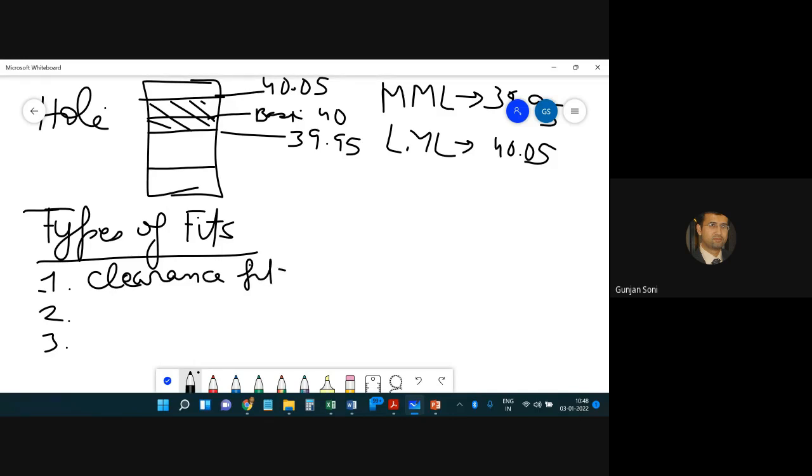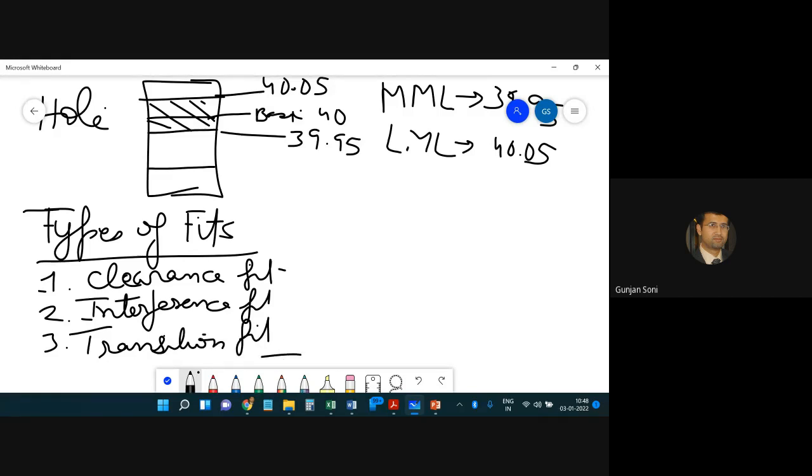The second type of fit is an interference fit. And the third type is a transition fit. So we will talk about these three types of fits later.